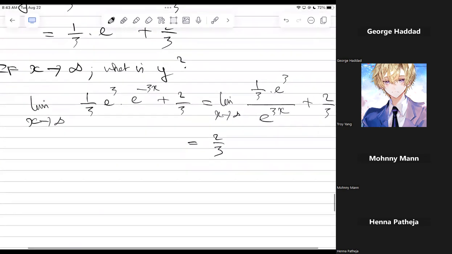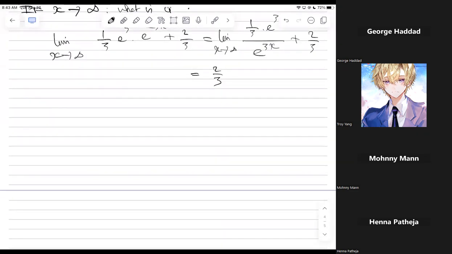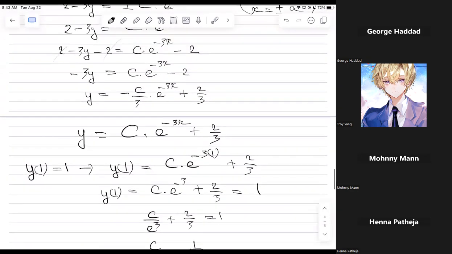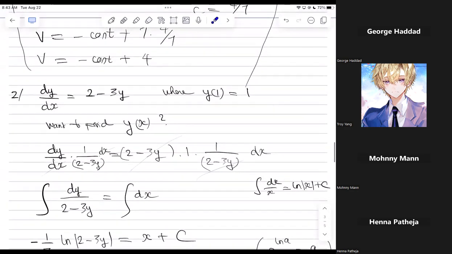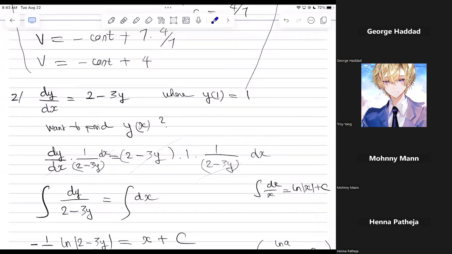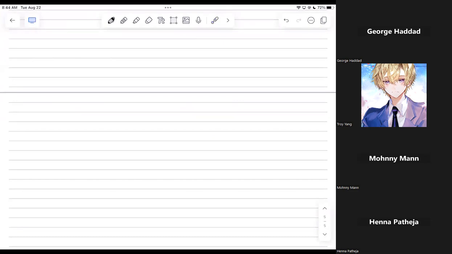Okay, let's do one more example. This one is kind of complicated. If I test you on the final, I will test you on something easy like this, but not like problem 3. Let me give you example 3 right here. The important thing is you replace the constant by a new constant to make the problem easier.